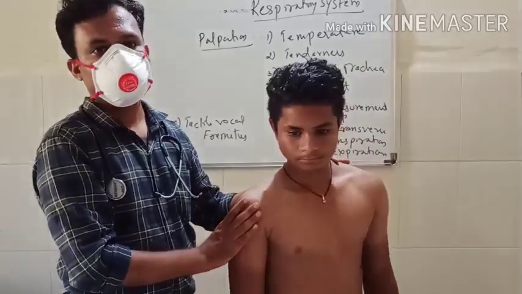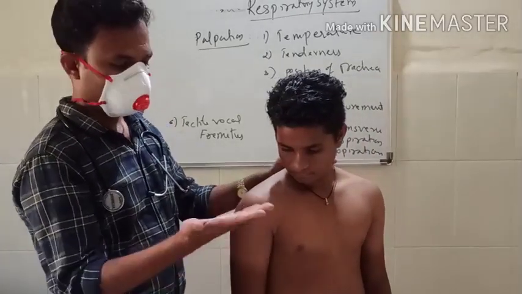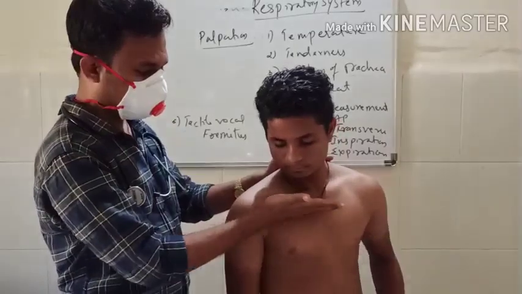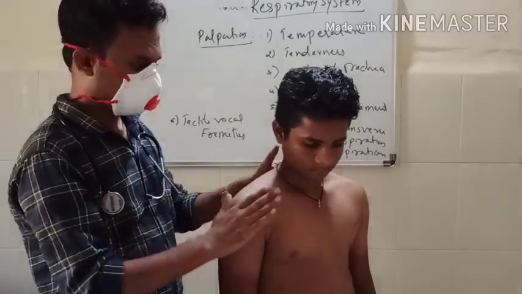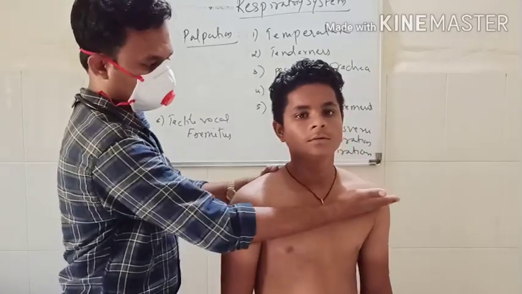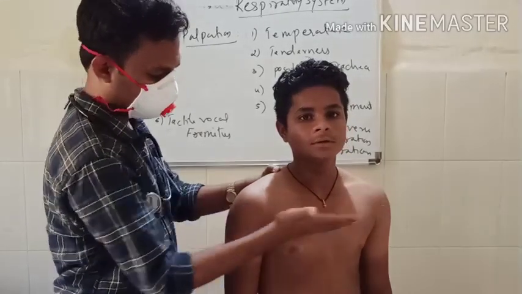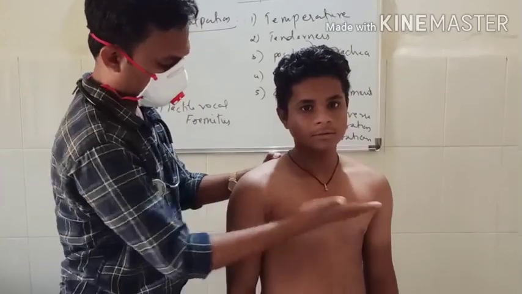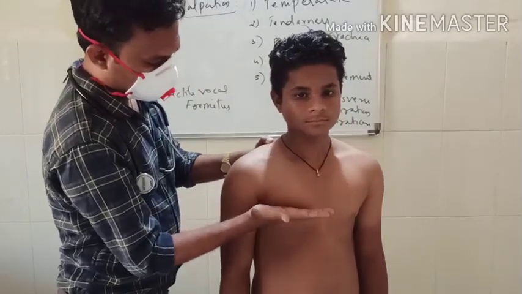Ask the patient to say number 1 or number 2, and place your hand all over the chest and look for the vibrations. Number 1. So this is the infraclavicular and mammary area. I check.